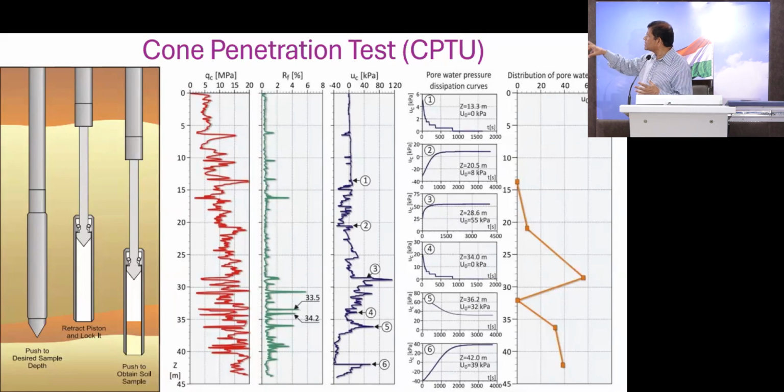But in general, we get the cone penetration test strength, qc, and then there is the sleeve friction, and this is the friction ratio. Your cone strength and the friction ratio determine what the material is.